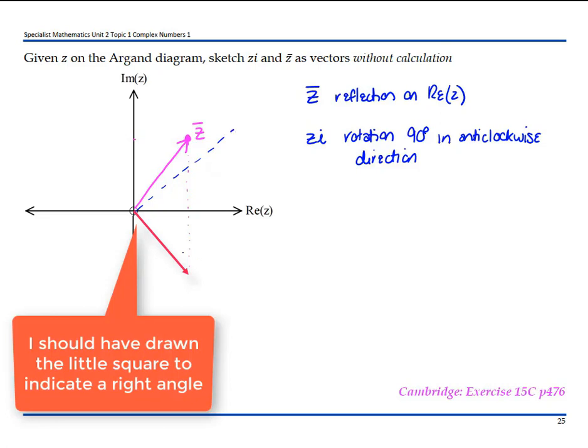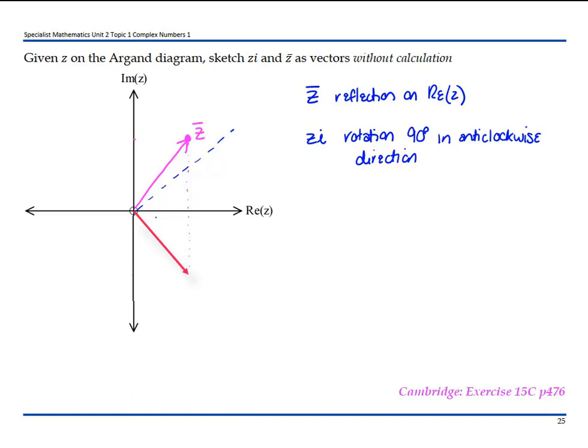Think about your x and y's, or your real and your imaginary, your horizontal and vertical components changing. So this distance here is going to become my y distance there. Okay, and this y distance has to become my x distance.